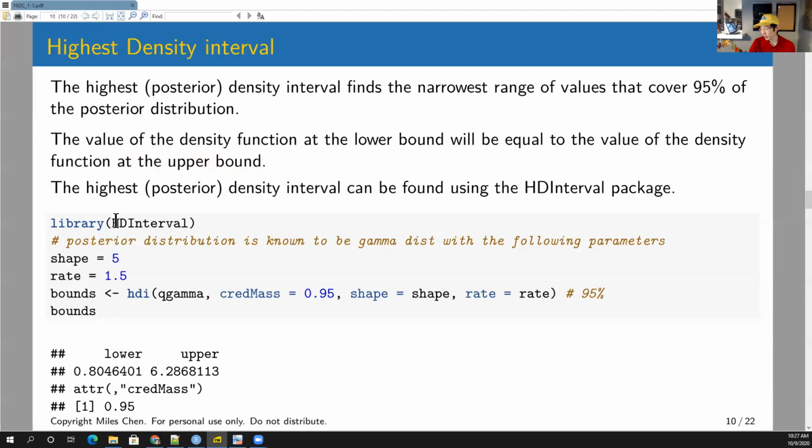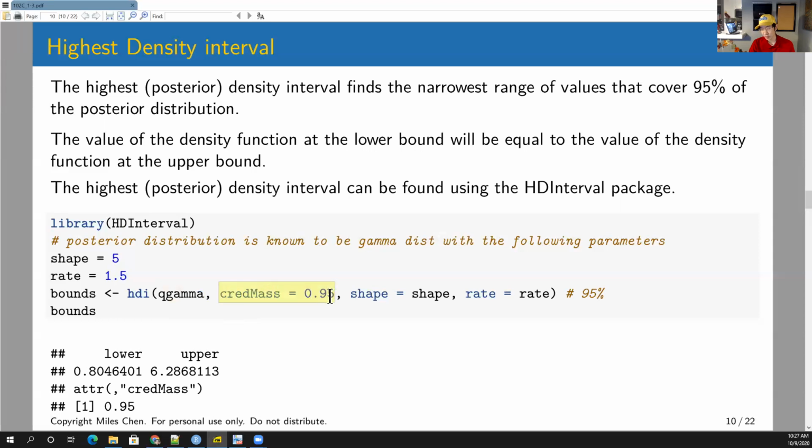You can find it using a package called HDInterval, which we can use to find the upper and lower bounds. Here again, I have a gamma distribution with shape 5 and rate 1.5. Rather than saying I want the 2.5th percentile and 97.5th percentile, I call the function HDI and specify the quantile function I want it to solve for, so Q gamma.